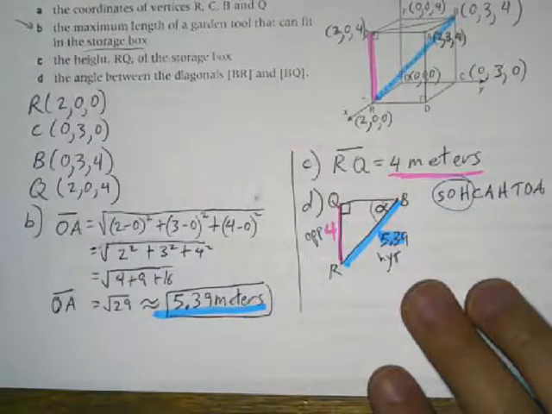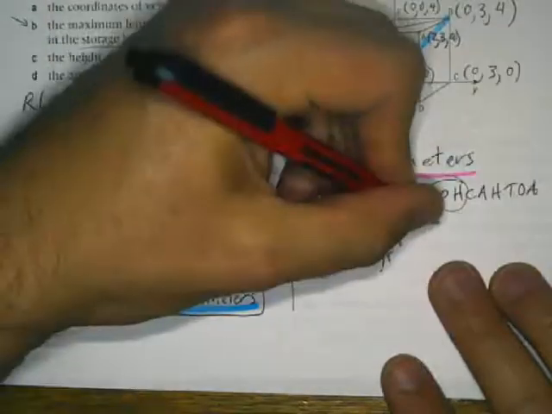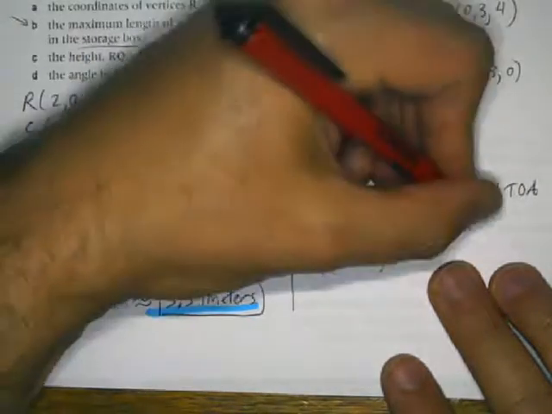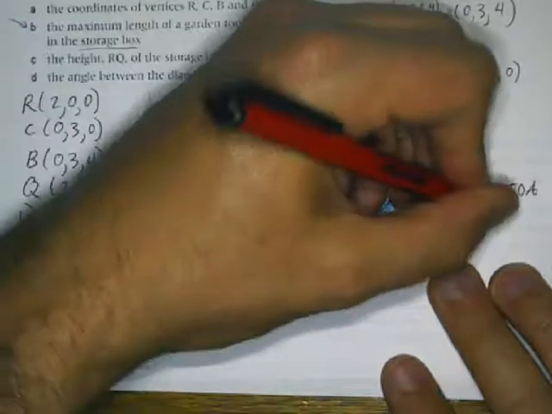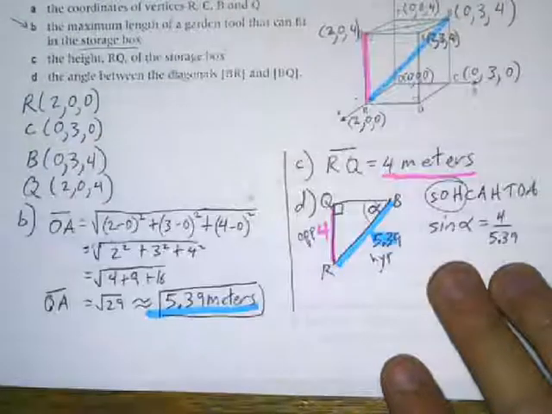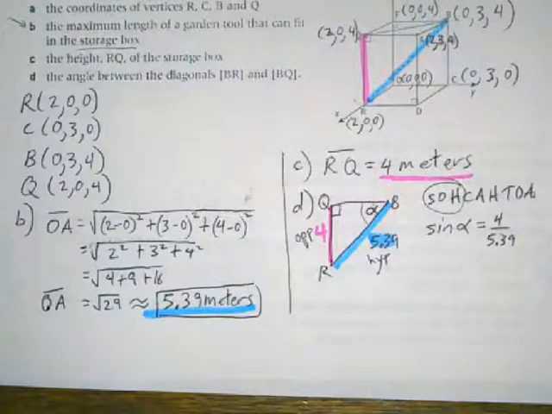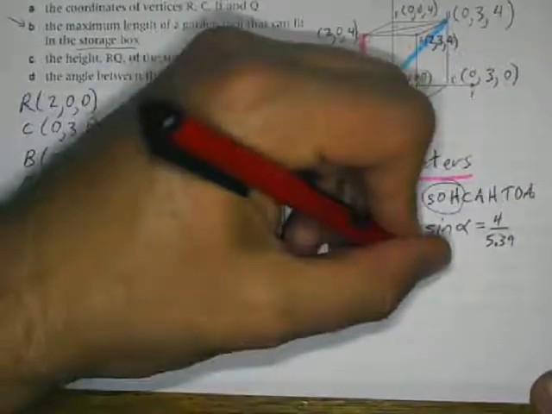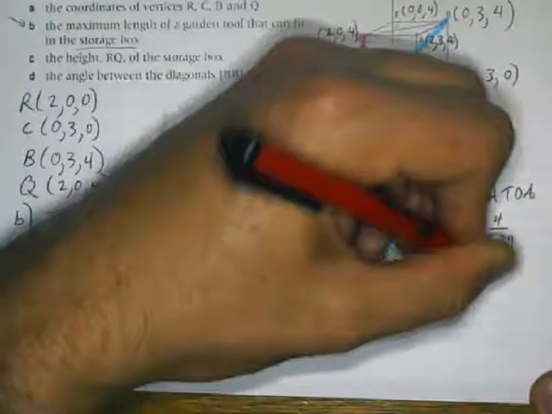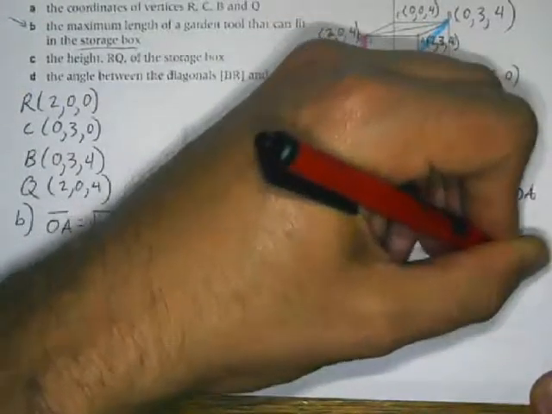So sine of alpha equals opposite over hypotenuse, so 4 over 5.39, and I put that into my calculator, and I get sine of alpha equals 0.7428.